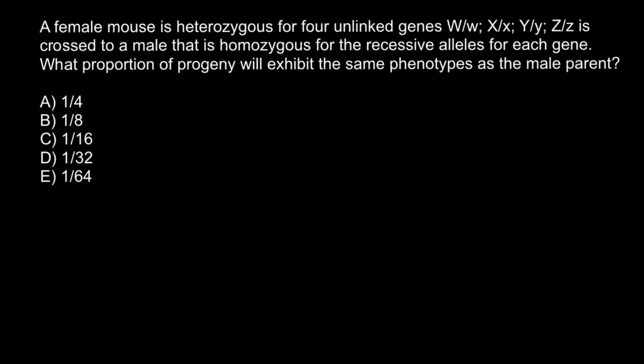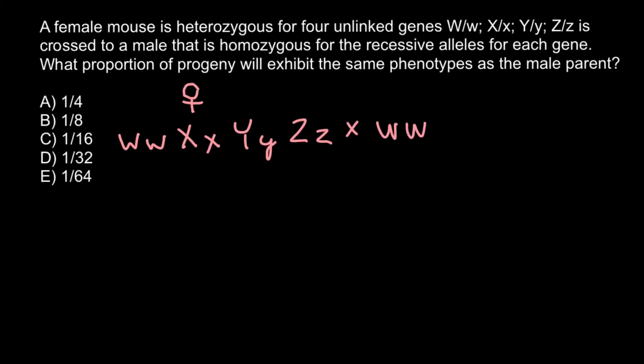So we have a female mouse. We know her genotype: she is heterozygous for all 4 loci, and we have to cross this female with a male who is going to be homozygous recessive for all 4 loci.